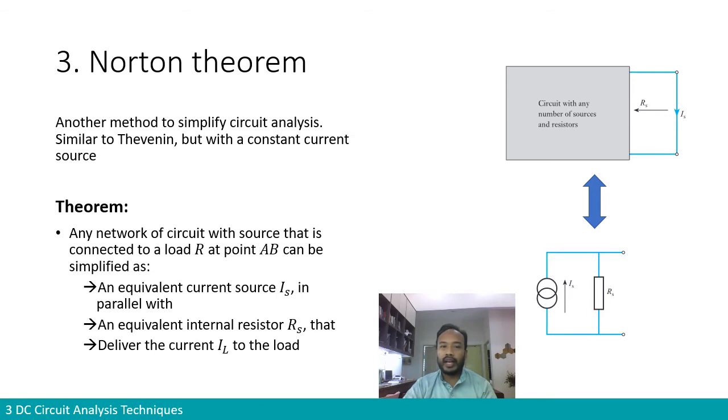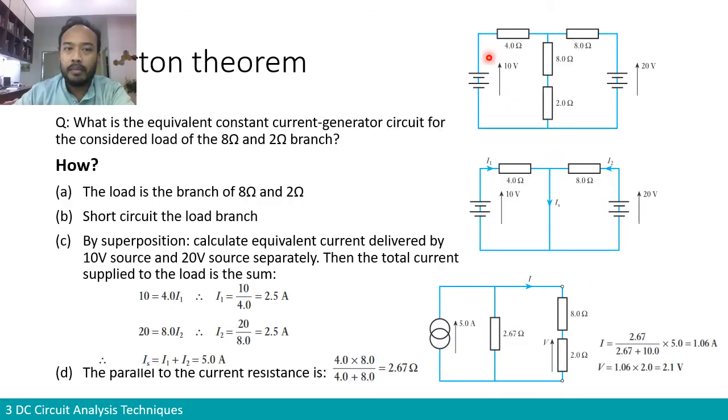So let's have a look at how we apply this Norton theorem. In this application, we have the same circuit that we had previously for the Thevenin theorem demonstration. To illustrate Norton theorem, we are going to use the same circuit. There are two voltage sources, 20 volts and 10 volts, and the resistors 4 ohm, 8 ohm, 8 ohm, and 2 ohm over here.